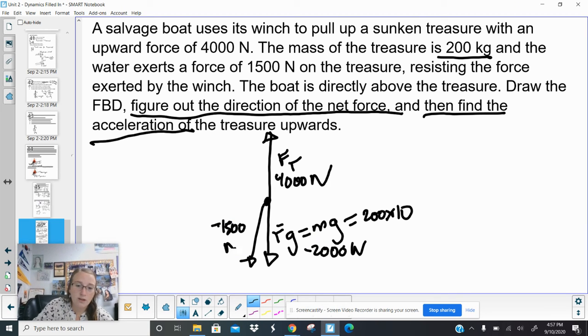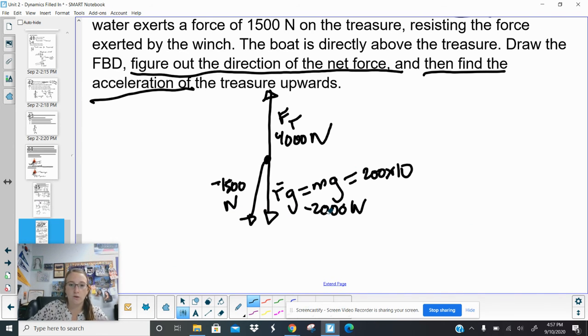Since that is down, that is going to be negative as well. So here's what we have. The boat is trying to pull it up at a force tension of 4,000 newtons. Gravity pulls down with 2,000 newtons, mass times gravity. And then the water is also pressing on the treasure because it's heavy. And so that's also a downward force.